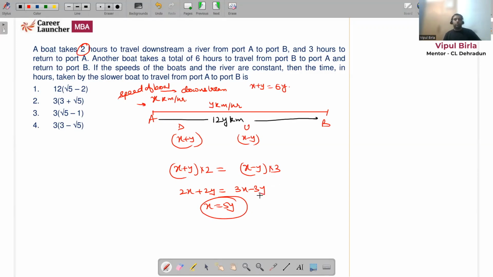So therefore 6y into 2, total distance is 12y kilometer. Now, another boat that takes 6 hours to travel from port B to A upstream and return to port B. Speed of the boats and rivers are constant. Let's say speed of the other boat, which is a slower one, is z kilometer per hour.